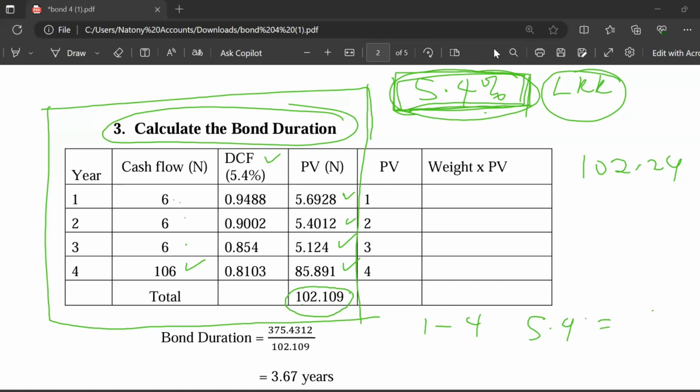That would have given me a value. And the final year, year four, I would have just said 100, discounted at 5.4. That would have still given me this same value.